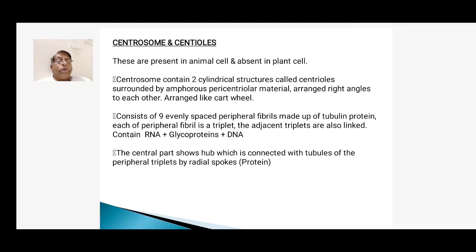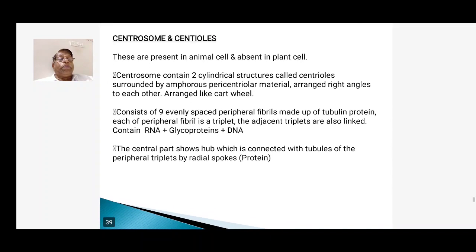Okay? The central part shows a hub, which is connected with tubules of the peripheral triplets by radial spokes. Radial spokes means protein.